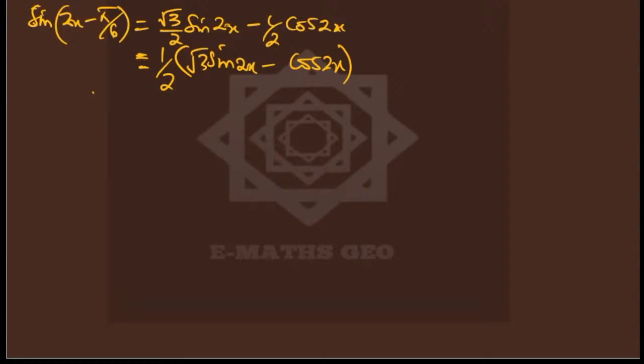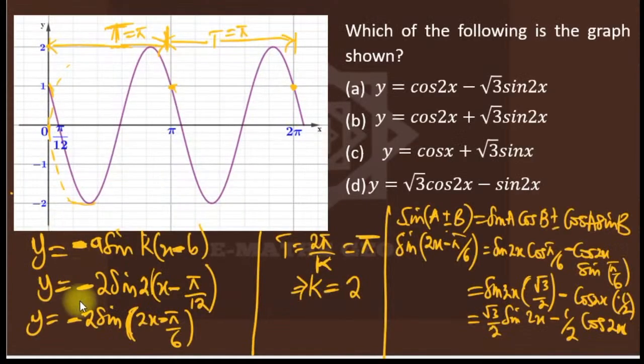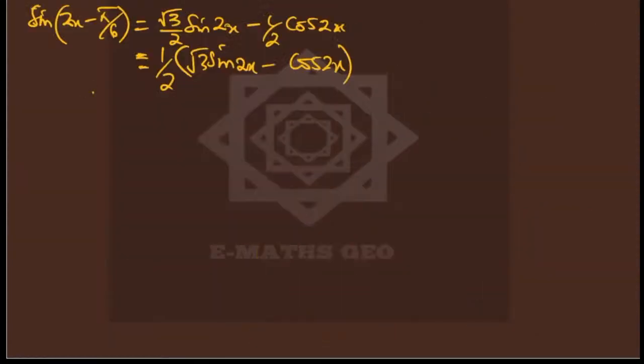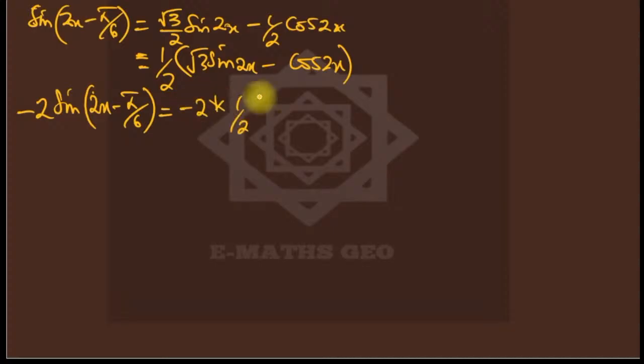Finally, remember, our main aim is to check if any of the options is this. I have minus 2 sine of 2x minus π over 6, which will be equal to minus 2 times half, because we've gotten this.